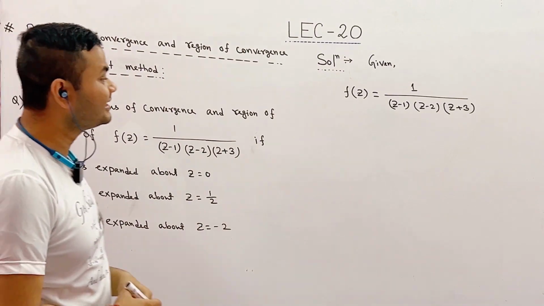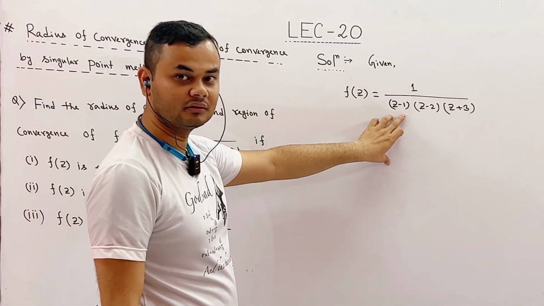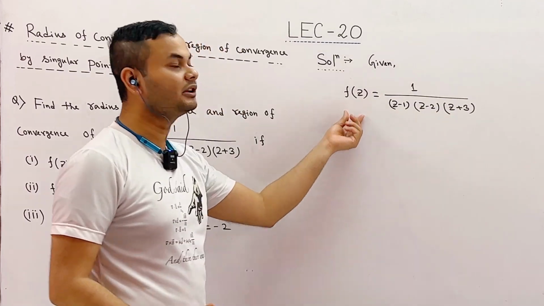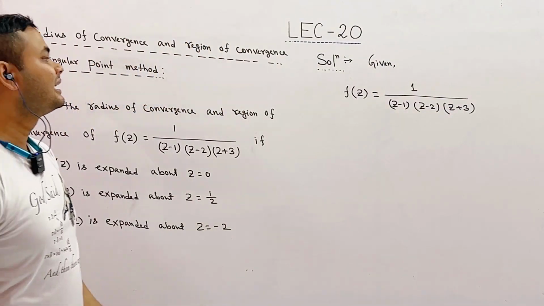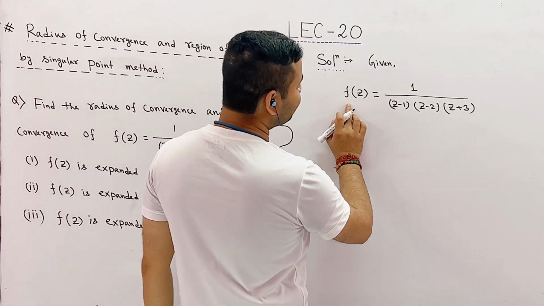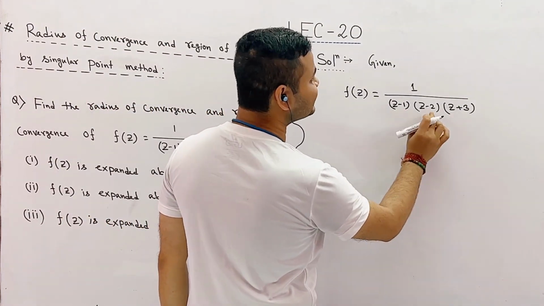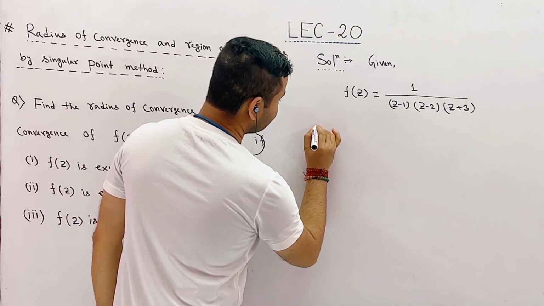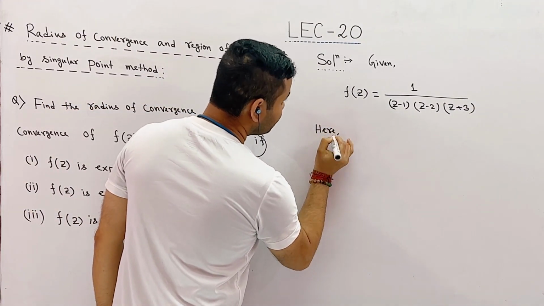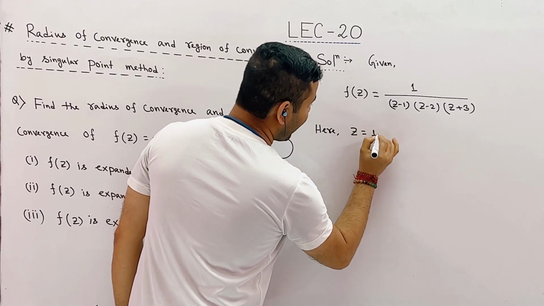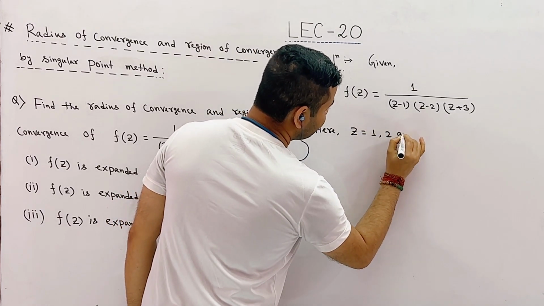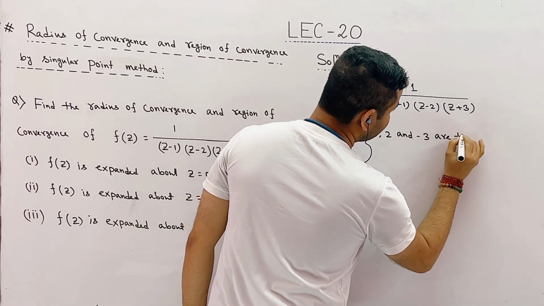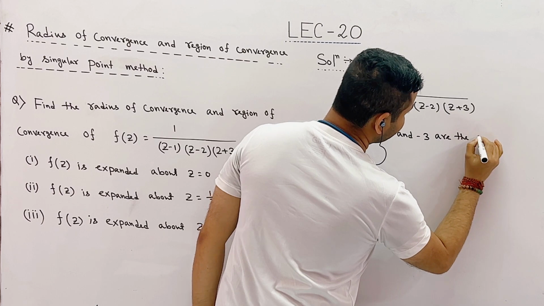So here we have seen that if we put z equal to 1 or z equal to 2 or z equal to minus 3, then this function becomes infinite. So therefore the singular points for this function f of z will be z equal to 1, z equal to 2 and z equal to minus 3.